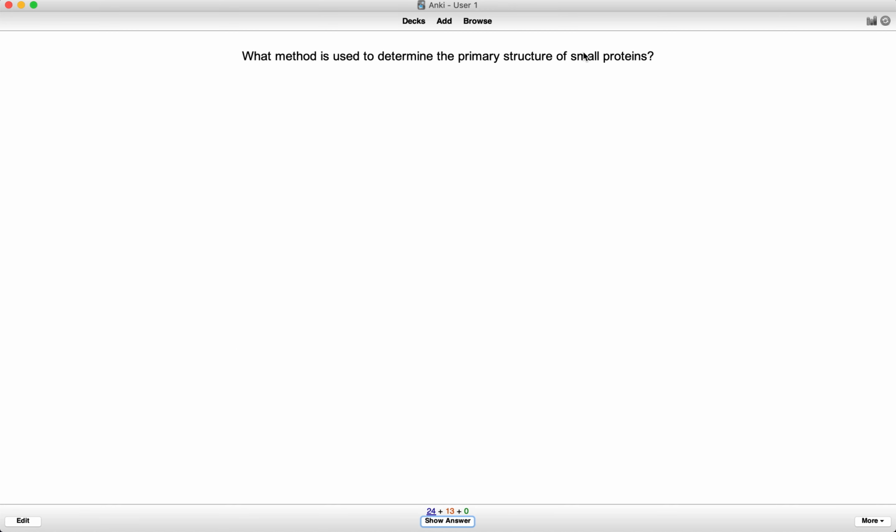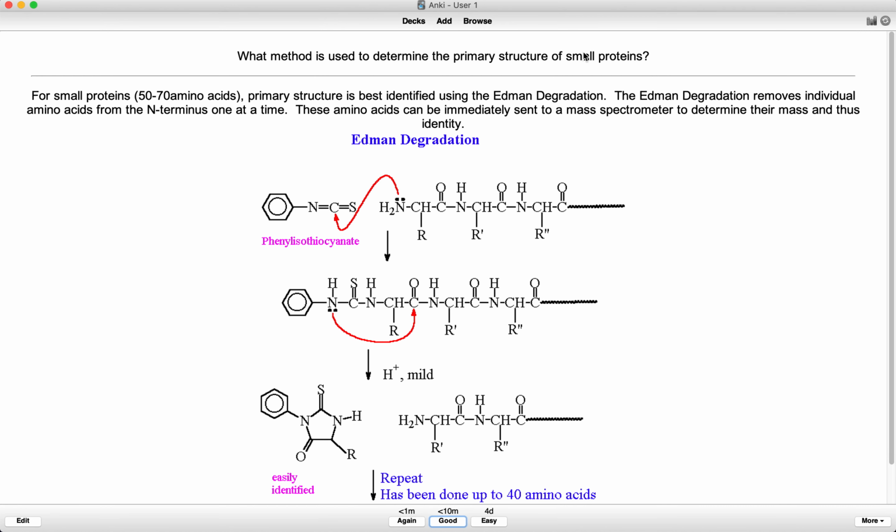What method is used to determine the primary structure of small proteins? We can use specific enzymes to cleave specific parts of the proteins to elucidate the primary sequence. Or Edman degradation.